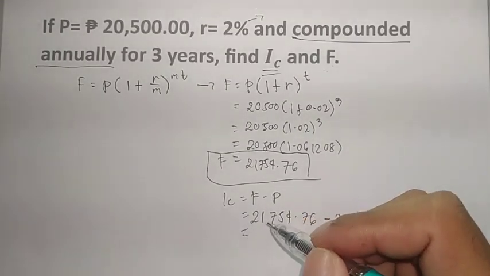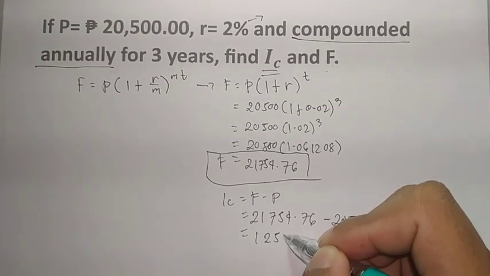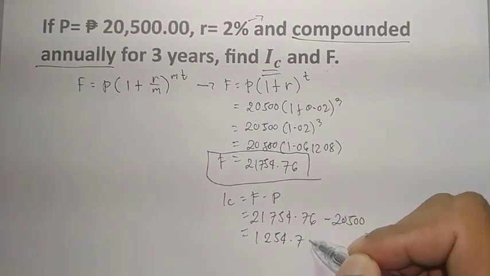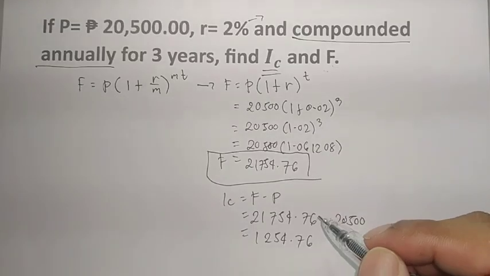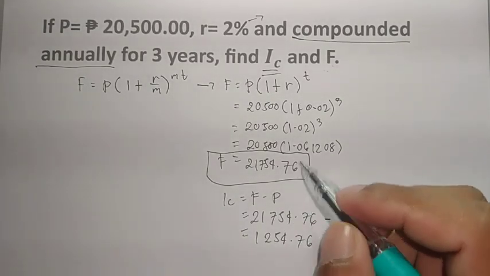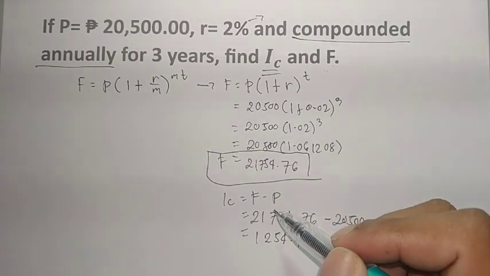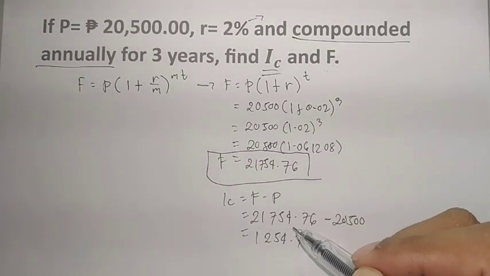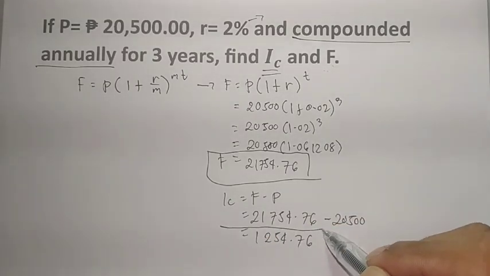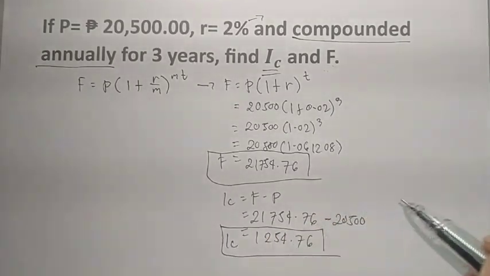It will become 1,254.76. Okay, so that means that the compound interest for 20,500 with 2% interest rate compounded annually for 3 years is 1,254.76.